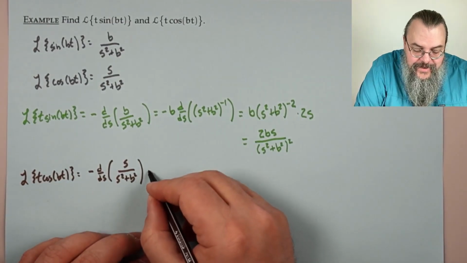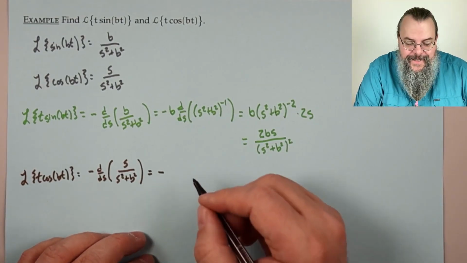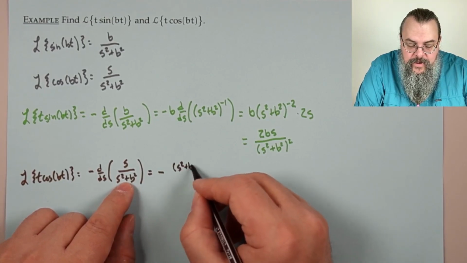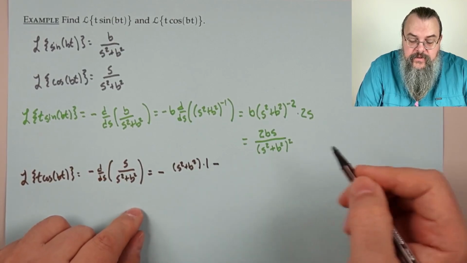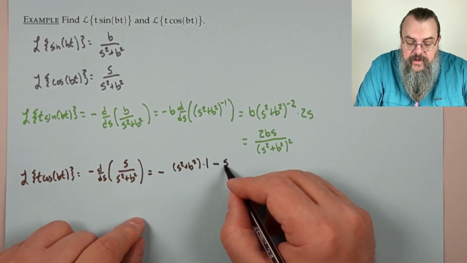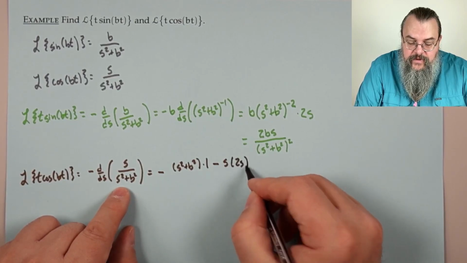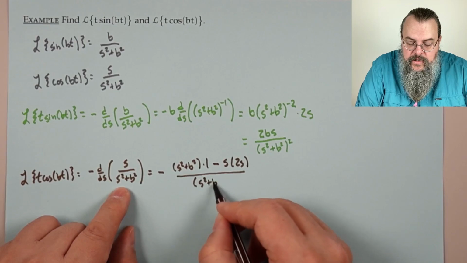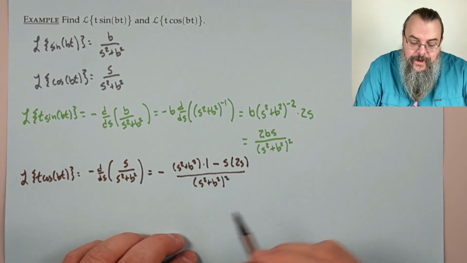All right, so let's see if we remember quotient rule. It's been a while, right? So you take the bottom, s squared plus b squared, times the derivative of the top, which is 1, minus the top, s, times the derivative of the bottom, which is 2s, all over the bottom term squared. All right, that wasn't too bad. Now, what do we have?